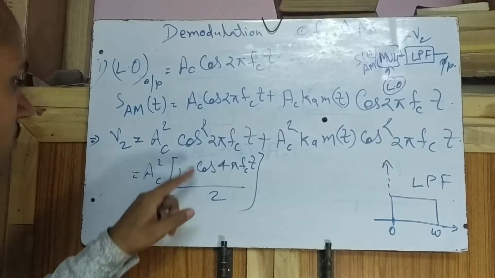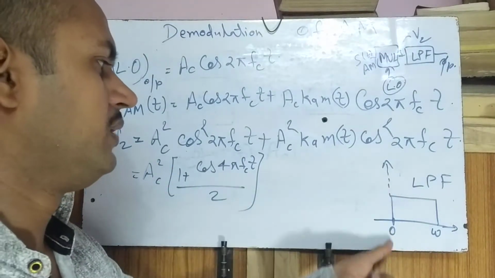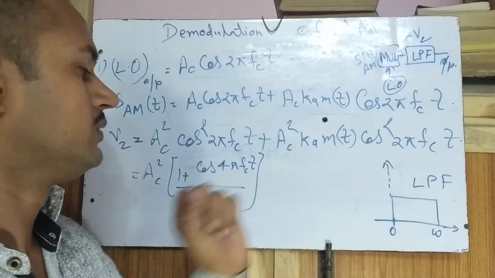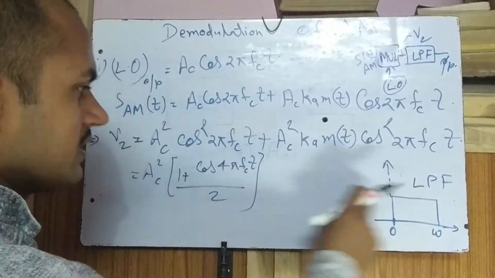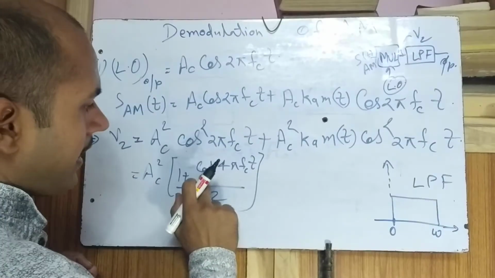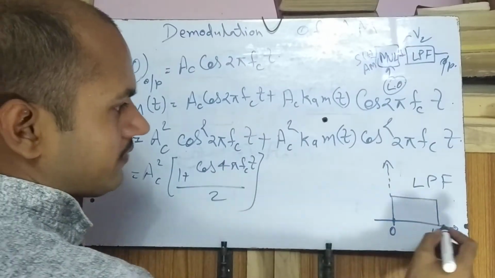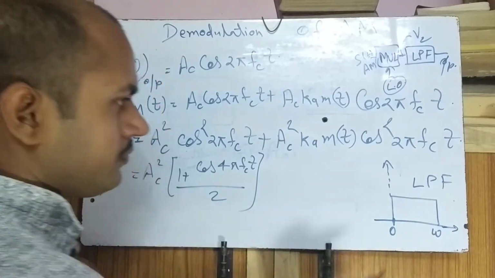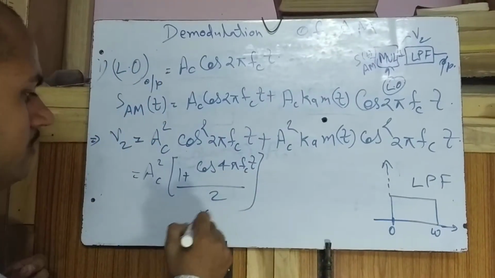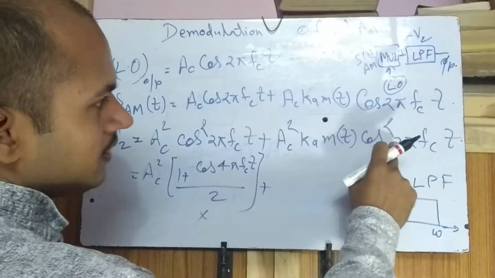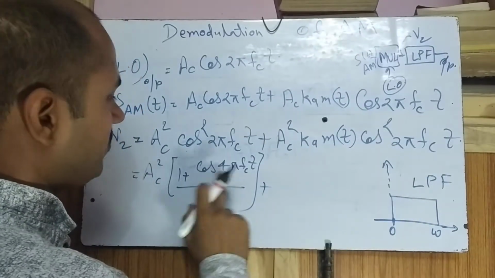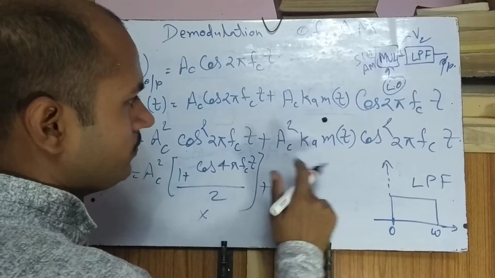The 1/2 is DC, which will be rejected by the LPF because it has a capacitor. The capacitor will not allow this. And the 2fc component is very far away from the LPF passband. So both will not be allowed by the LPF. The second term again has the same (1 plus cos 4πfct) by 2.